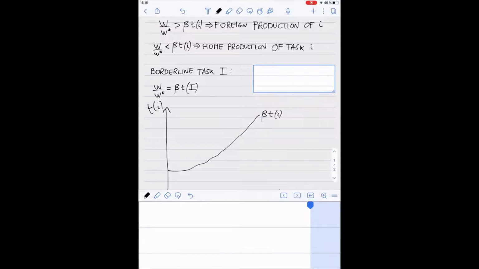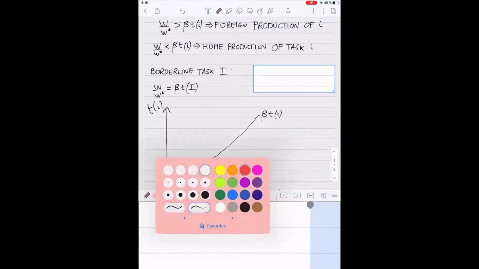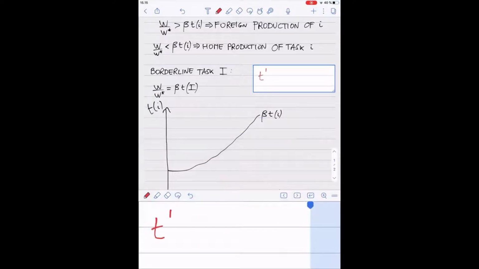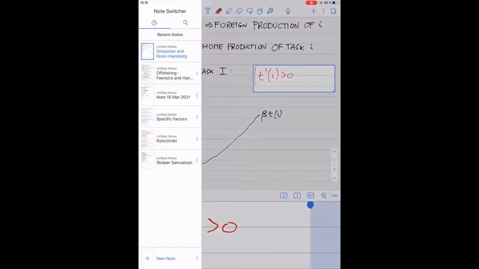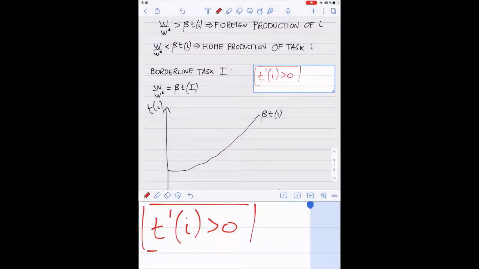Right, let me write here just the memory that we assume that T prime I is greater than 0, so that tasks are ranked, ordered by their offshoring costs.